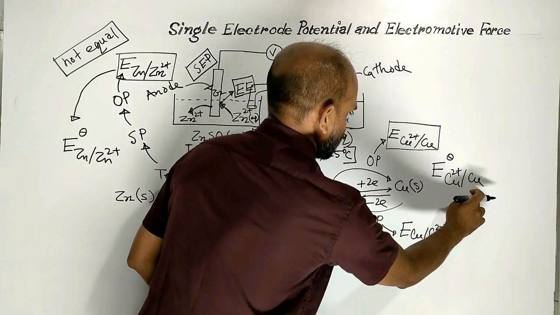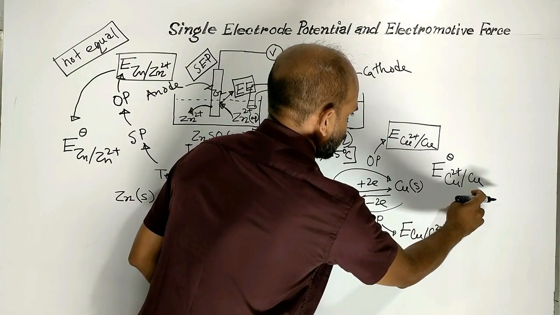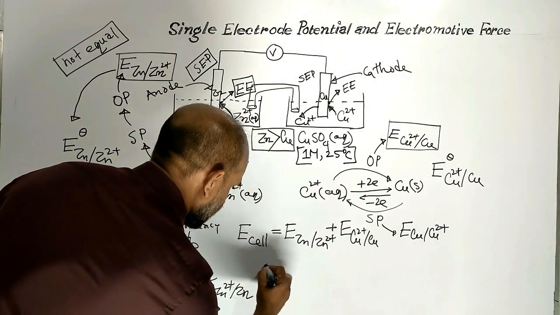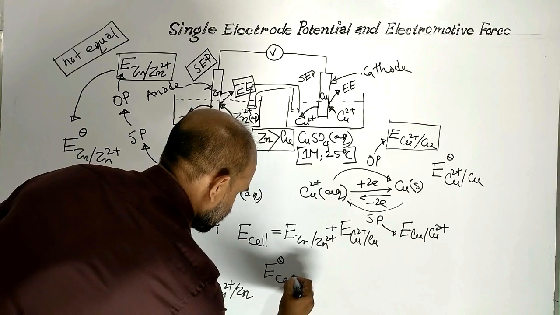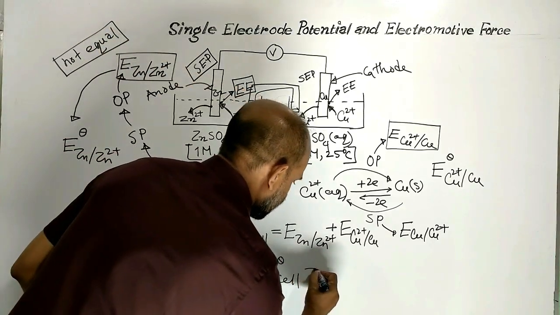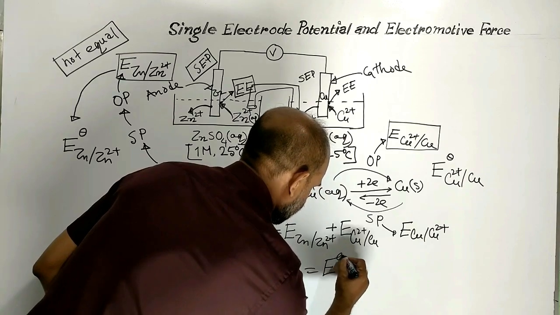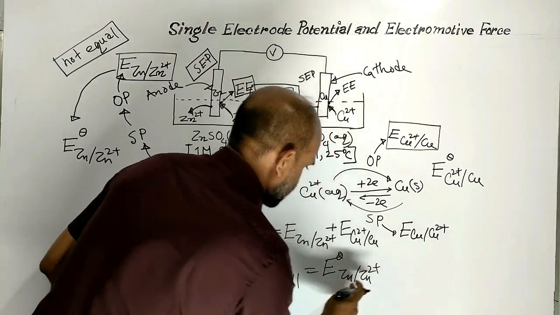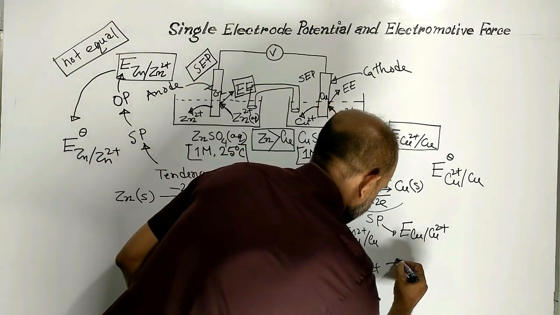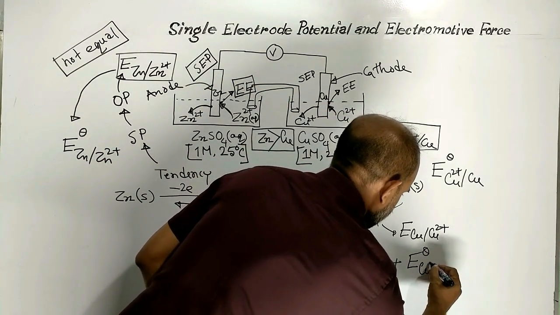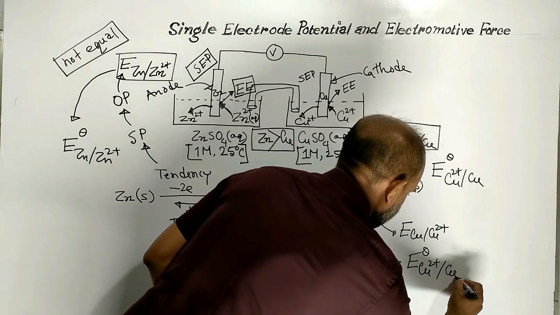This is the standard reduction potential, and then we will get the standard electromotive force of this cell, which is the standard oxidation potential of anode plus the standard reduction potential of cathode.